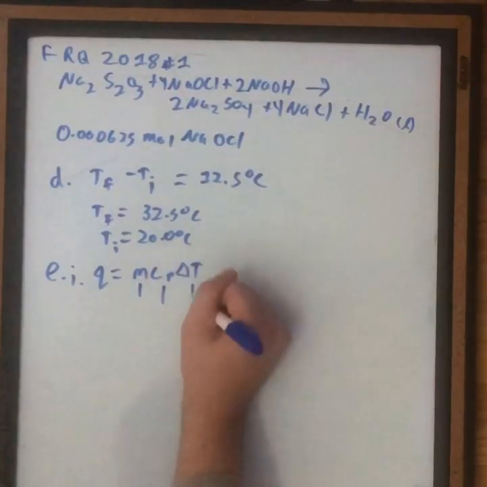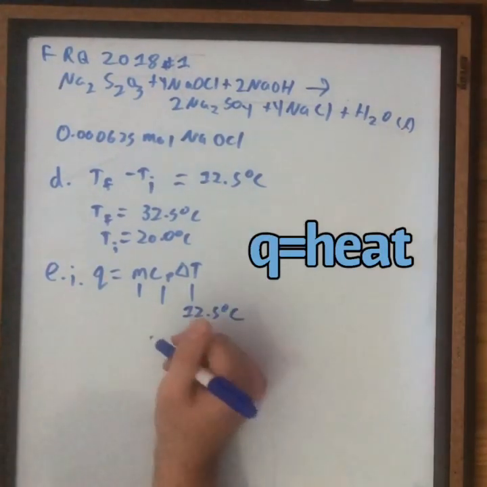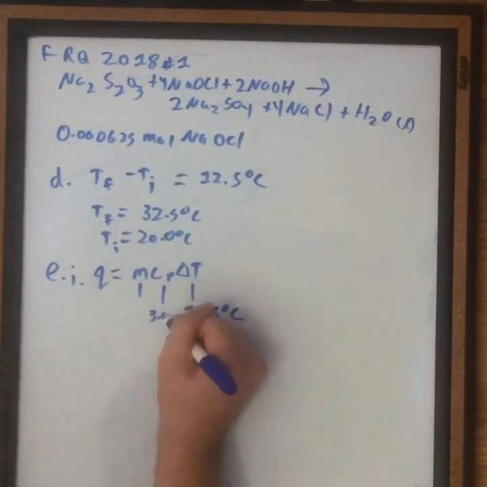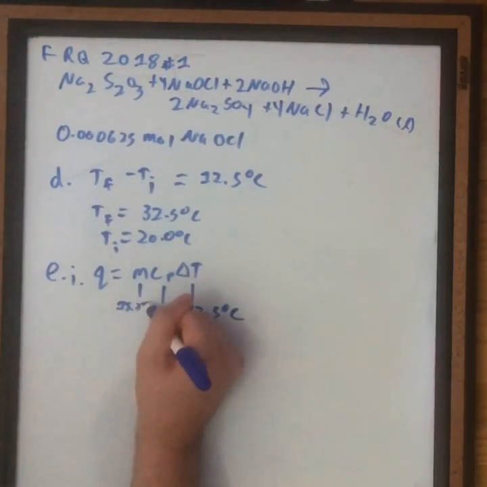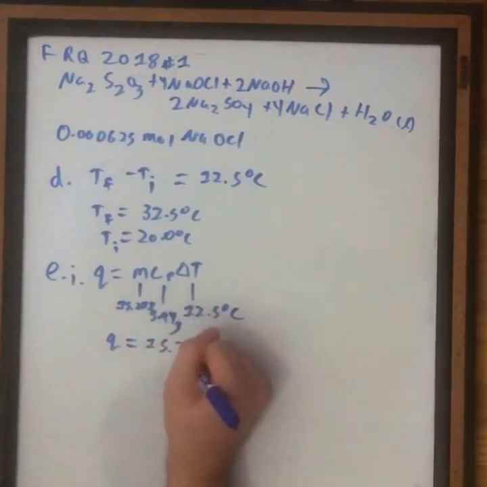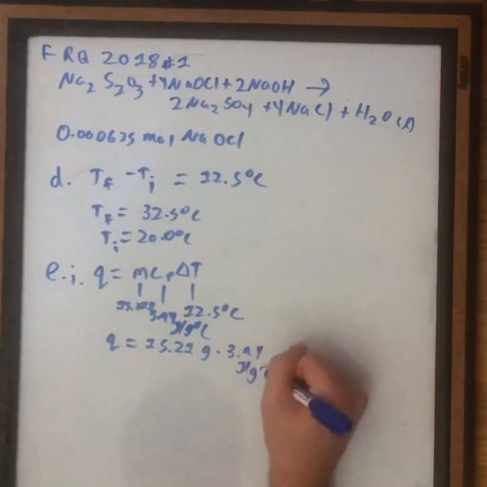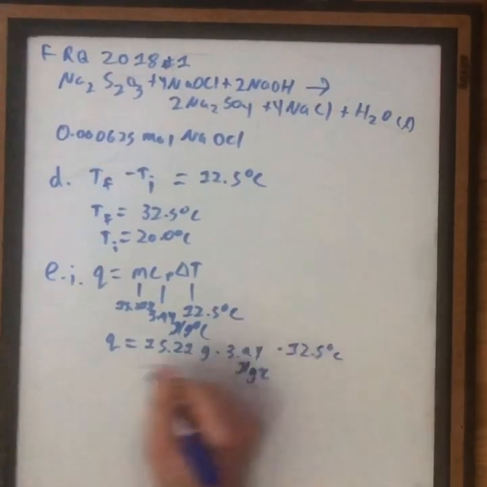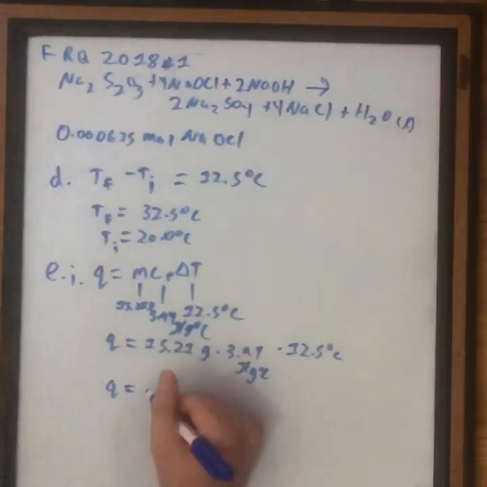To do this, we need to use the formula Q equals mass times specific heat times temperature change, and everything has been given to us or we calculated it beforehand. So all we need to do is multiply mass times specific heat times temperature change. And our result is that Q equals 749 joules.